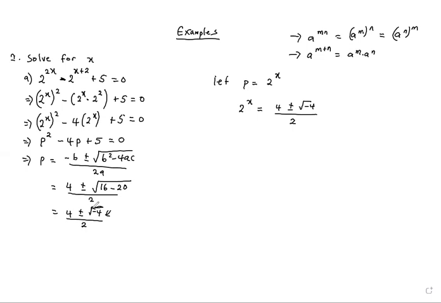So in this case, when you get to 2 to the power x, x is still the power, and on the other side we have a constant. So what we do here is, down. What's that thing you've written down, 4 plus square root of negative 4? Is it an arrow?